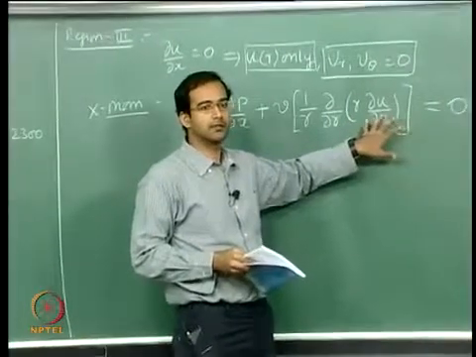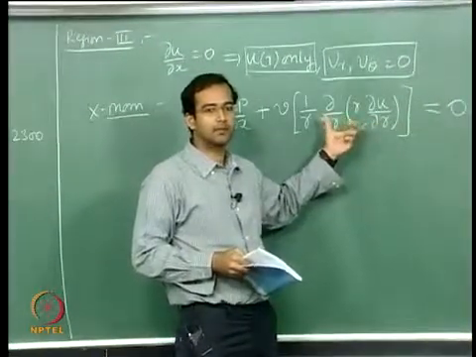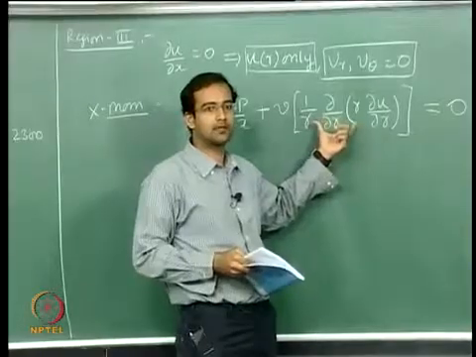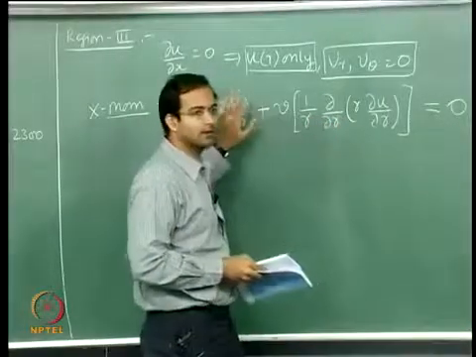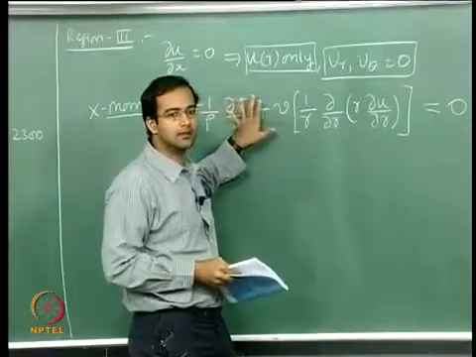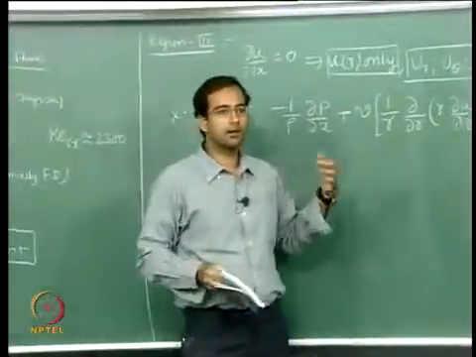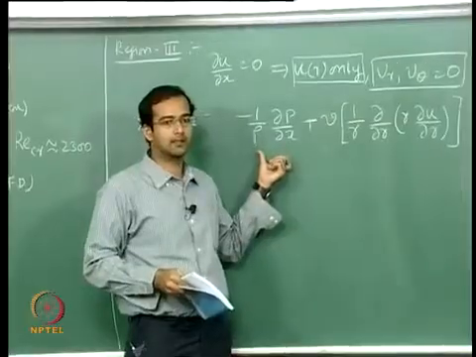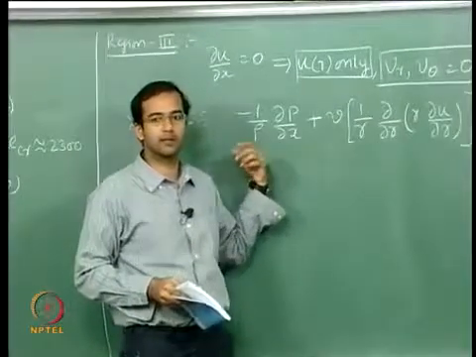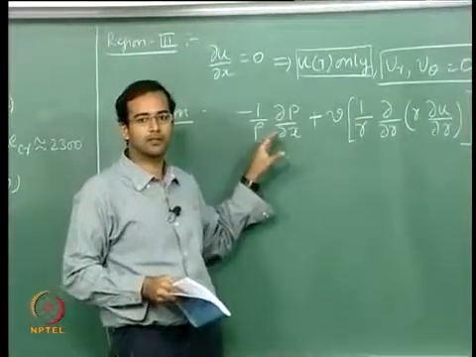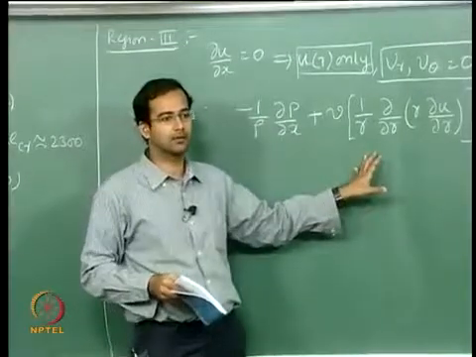So these are the very significant terms which are important in internal flows. In external flows for a flat plate you can say that dp by dx is 0 because your free stream velocity is invariant of x, but here you have only these two terms and they have to balance each other. So you cannot say simply that dp by dx is 0. In fact, the pressure gradient is driving the flow here.